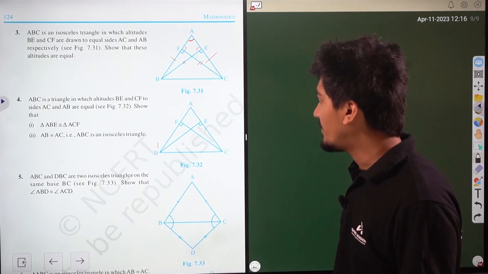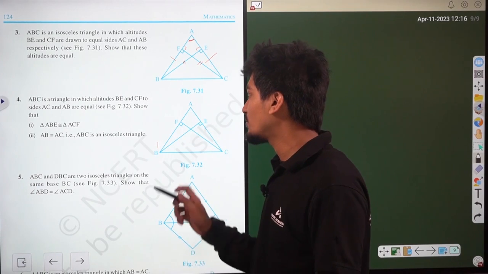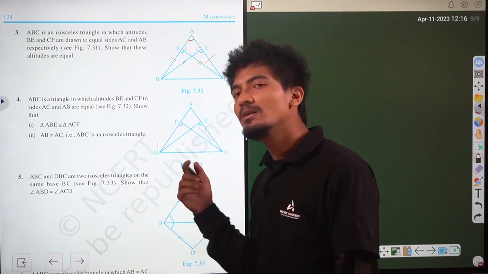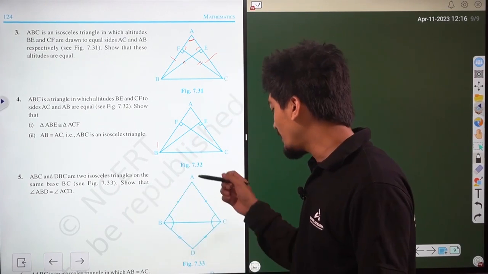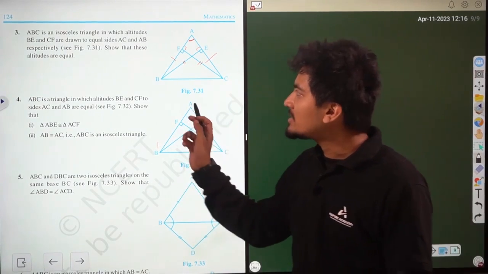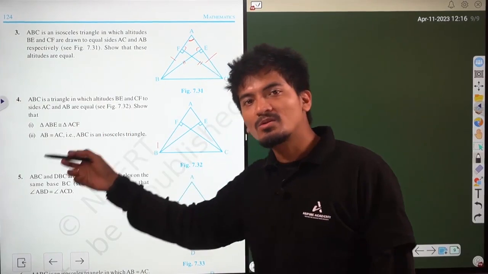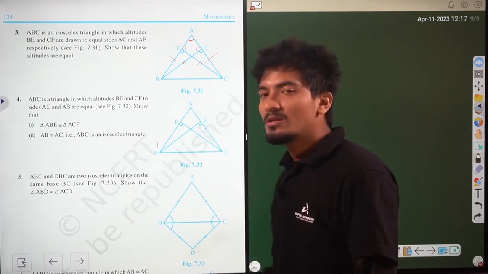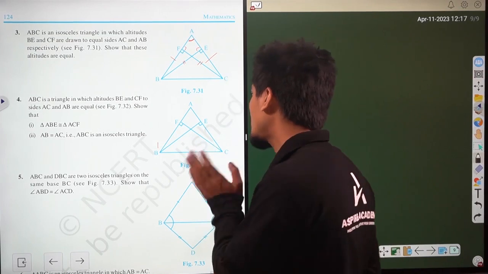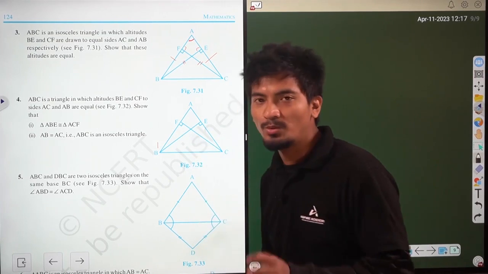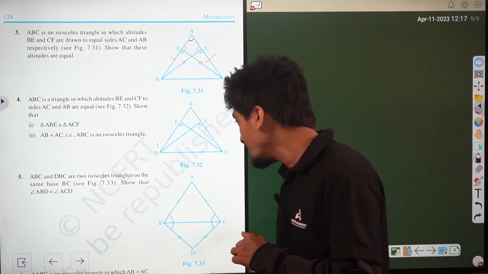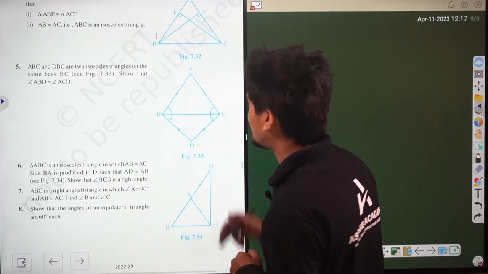Okay, the figure is given here. What we need to show is that triangle ABE and triangle ACF are congruent, and also we have to show that AB is equals to AC, right? Already question number 3 we have done, so question number 4 is similar, and you just try it as your homework. This is similar to question number 3. You can do it by using the criteria we have already studied. Okay, moving on to the next question.